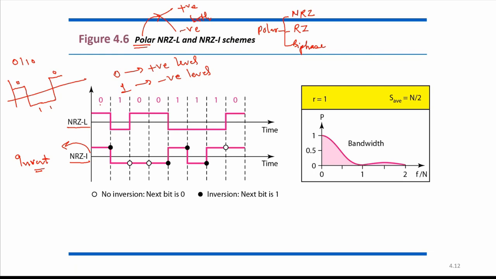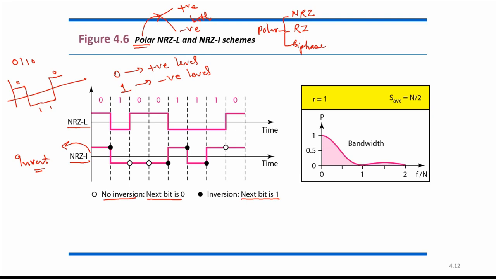If it is 0, by default the first starting is from the positive side, because 0 is labeled as positive. But in NRZ inversion, if the next bit is 1, then there will be an inversion. If the next bit is not 1, that is next bit is 0, no inversion will be taking place. So this is the case.